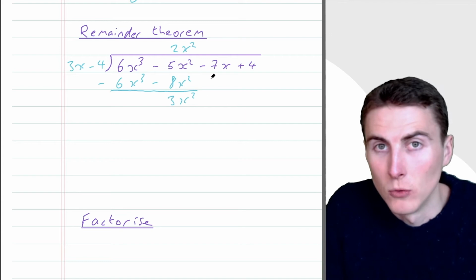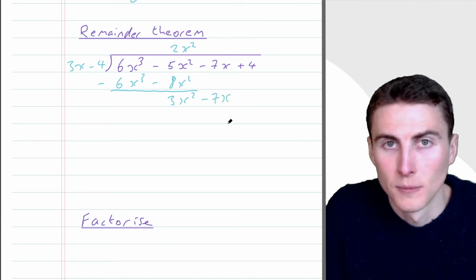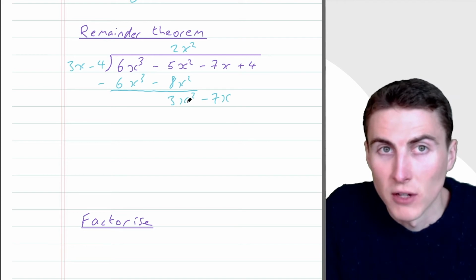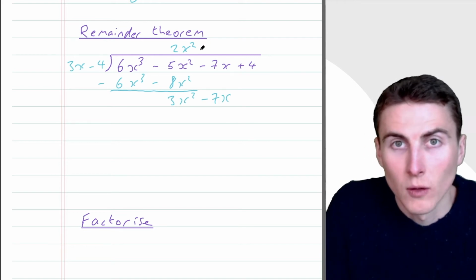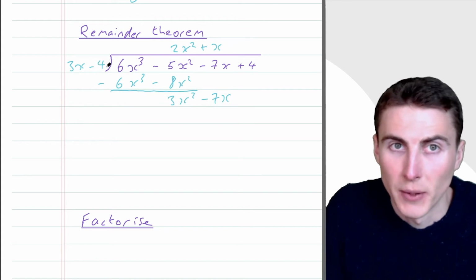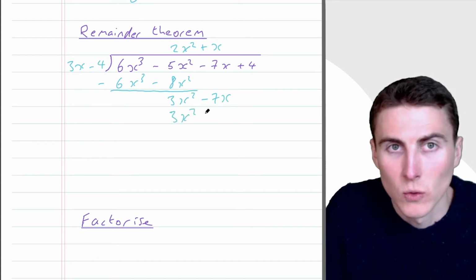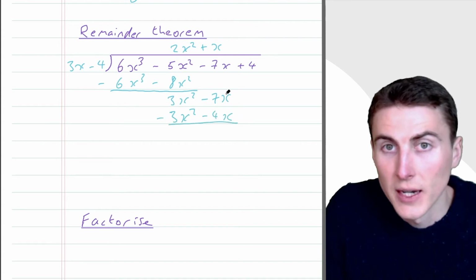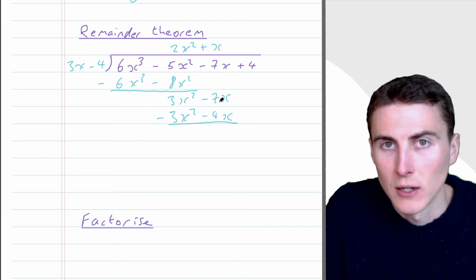Then I pull down this next term. Then the whole thing repeats. I divide the 3x squared by 3x, which gives me x. Then multiply that x by each of these, so we get 3x squared minus 4x. Then again I subtract. These cancel out.